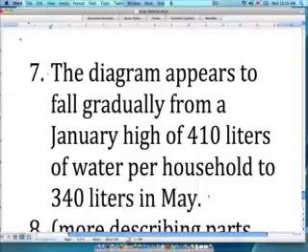Okay, the diagram appears to fall gradually from a January high of 410 liters of water per household to 340 liters in May. And we don't need to talk about all the details for February, March, April, because they follow the same pattern. They're all going down into May. So really the minor details we're talking about here, the key areas are January, the middle of the year, and December, because that's where the changes occur.